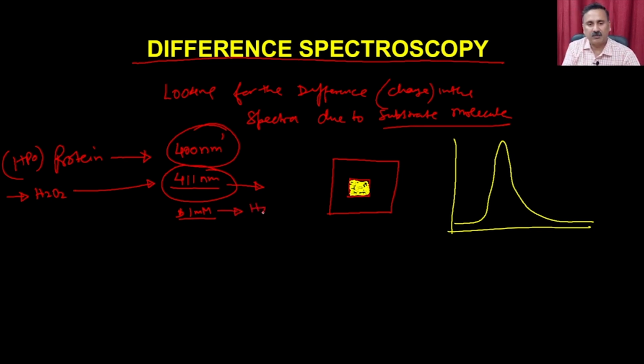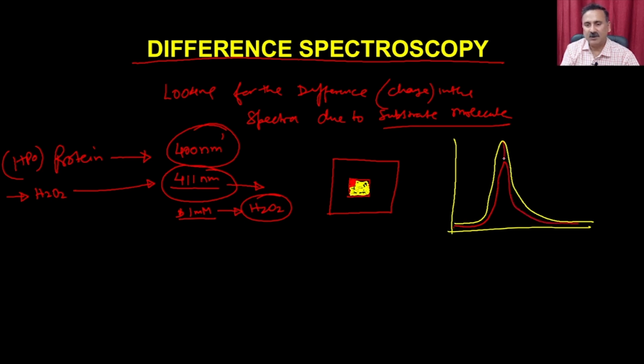So hydrogen peroxide molecules will go and bind, right? Suppose they have captured this much area of the active site. This means they have reduced the area of the protein to be absorbed under this, right? So as a result, it is going to show you a change in absorption.